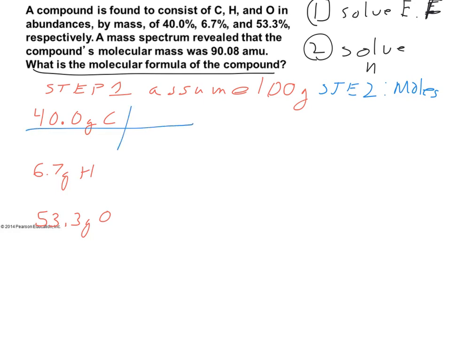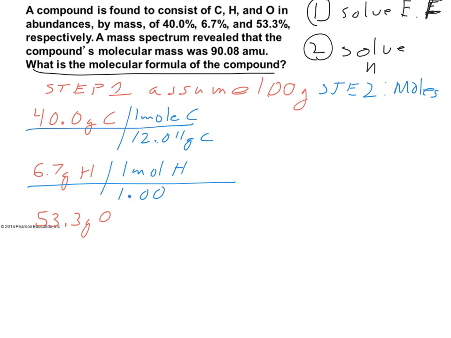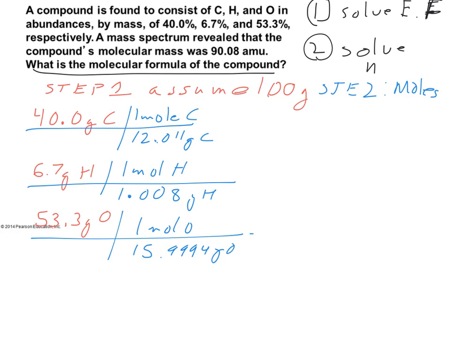Once again, I go to my periodic chart, and I know that 1 mole of carbon is 12.011 grams of carbon. I know 1 mole of hydrogen is 1.008 grams of hydrogen, and I know 1 mole of oxygen is 15.9994 grams of oxygen.